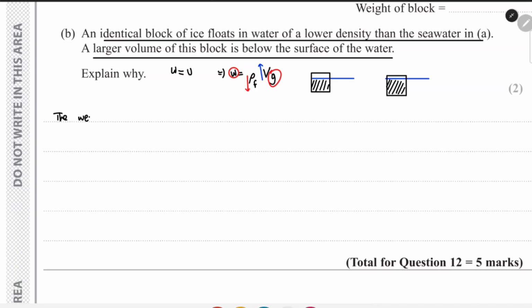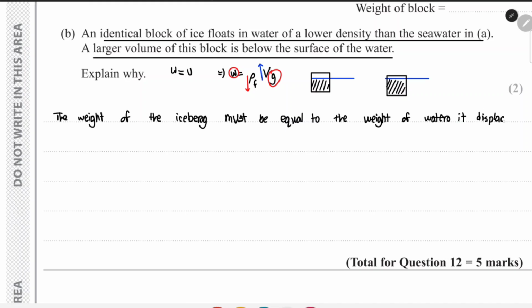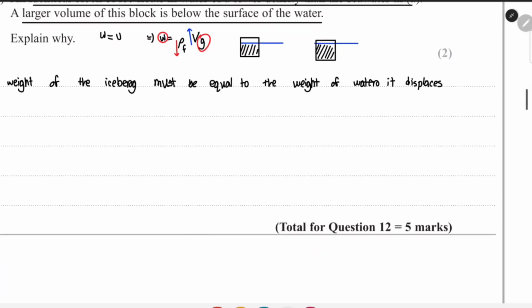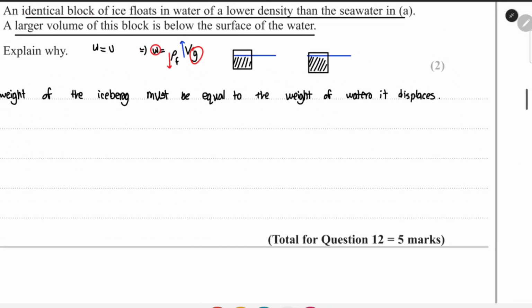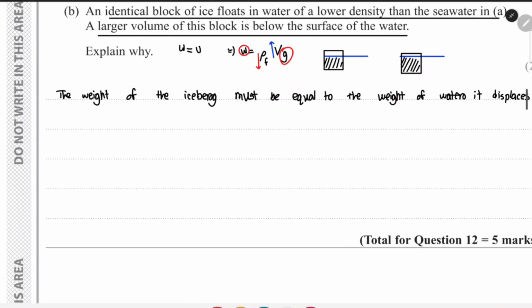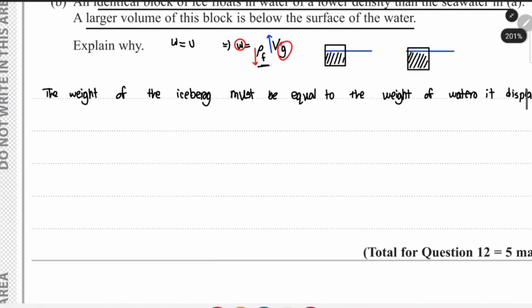So the weight of the iceberg must be equal to the weight of water it displaces. So this is the first point. At a lower density, a larger volume will be needed.